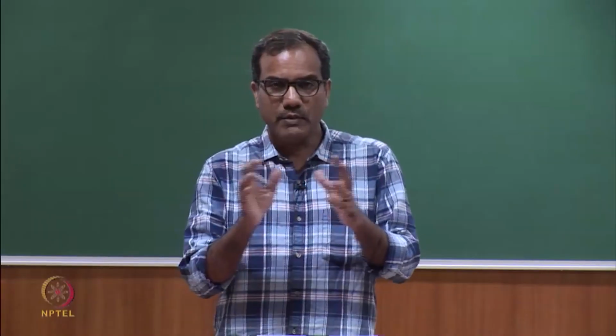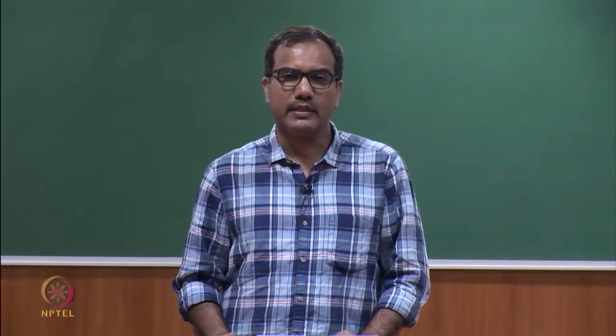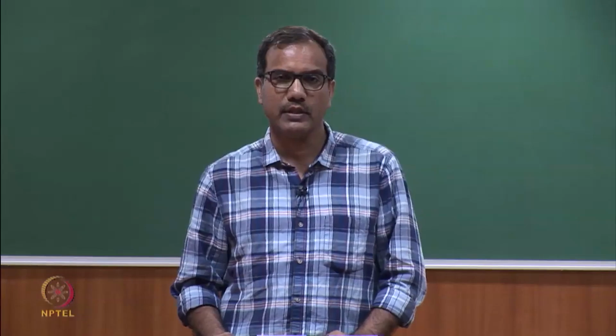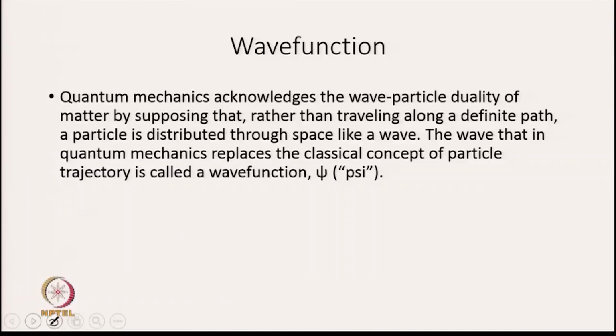Now, there are two very important things which come into this Schrodinger equation. One is the wave function and another is the operator, and in this case the Hamiltonian operator. So, now let us discuss what these parameters are.